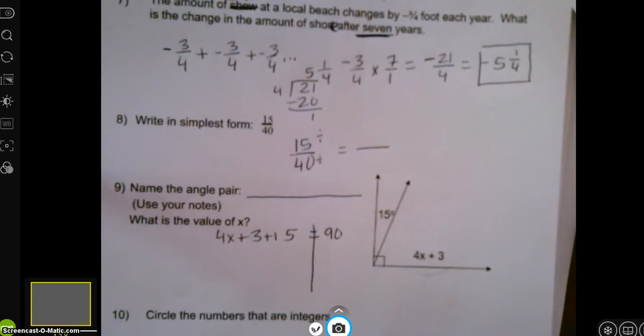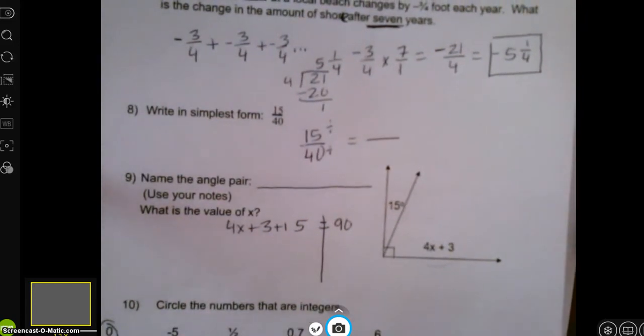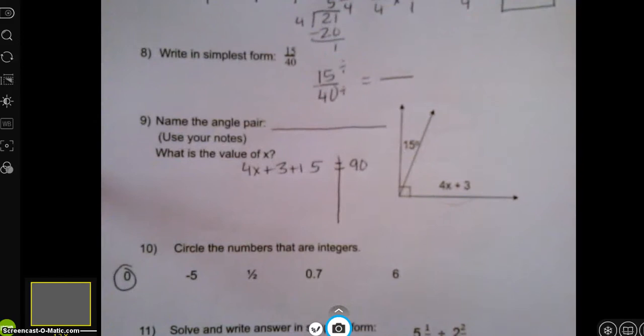So number 10 says circle the numbers that are integers. So integers are all of your whole numbers, 0, 1, 2, 3, 4, and so on, and their negatives. Okay, and I'm going to go ahead and circle this one. But what we don't have is we don't have fractions, we don't have decimals.